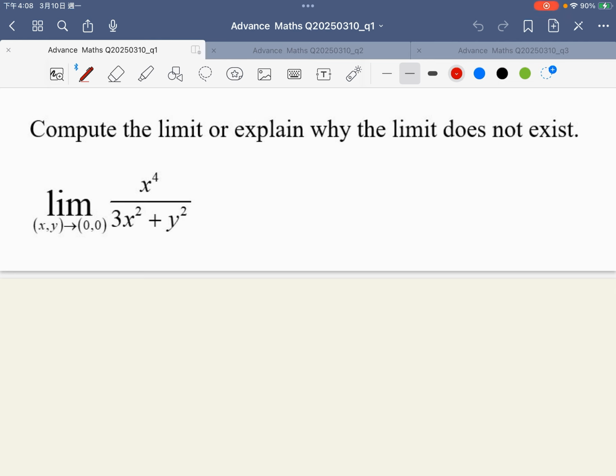First, you have to prove it exists. That is the definition, or the criterion, for a limit to exist in multivariable calculus.